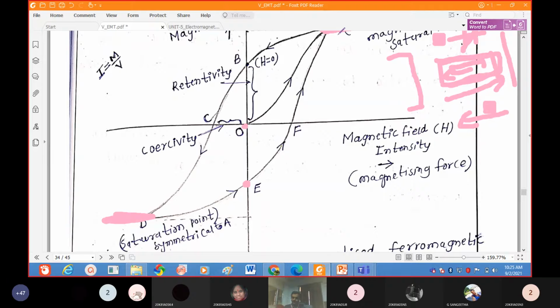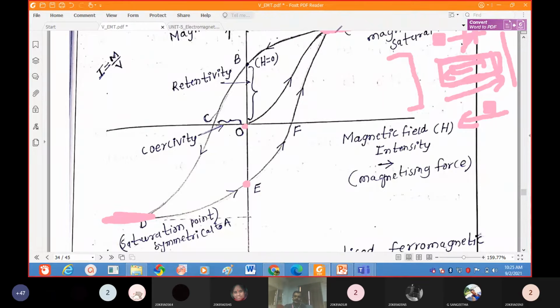Or hysteresis curve. Mainly you have to remember what retentivity is and what coercivity is. Initially, if you increase the H value, the B value increases like this, and after that it will become saturated. After that, if you reduce the H value, the B value decreases in this direction, not the original direction.